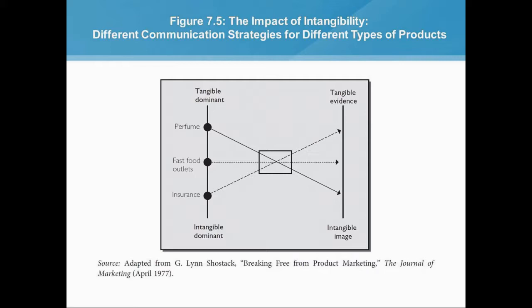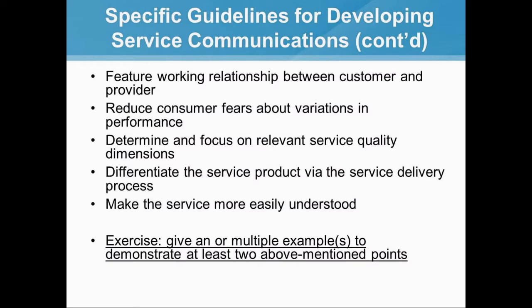This is a good example to establish the communication strategy for which the objective is set up for promoting products in the middle of the scale of market entities. So the company often uses both approaches, abstract and concrete elements.